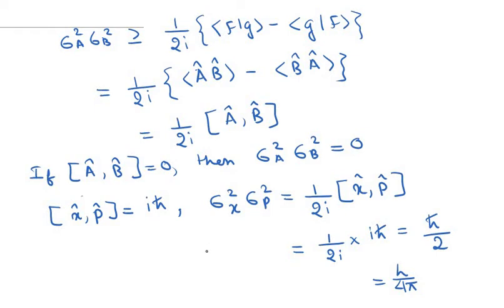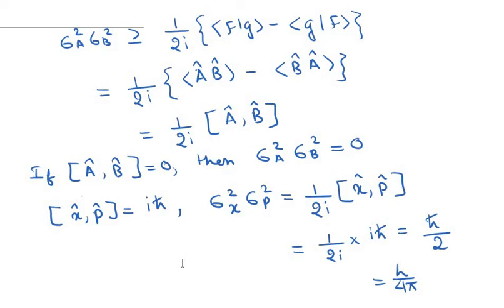That is the essence of the uncertainty principle: if two operators are not commuting, which means they do not share the same set of eigenstates, you cannot measure the values of the two operators at the same time, and that is what the uncertainty principle states.